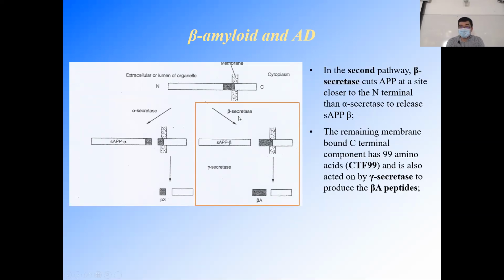So in this one, beta secretase cleaves the APP, and then that will leave a so-called C-terminal component of 99 amino acids. That is further processed by the gamma secretase, okay, to become A beta peptide.